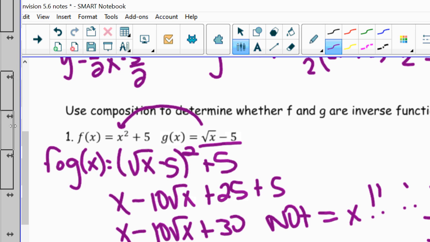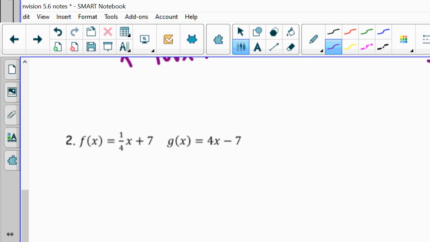So now I'm going to go to the next one. f of x equals 1/4 x plus 7, g of x equals 4x minus 7. Again, I'll just do f of g to start out with.